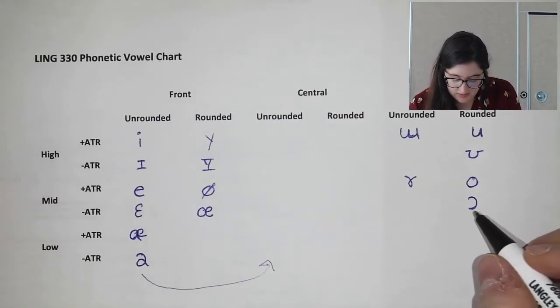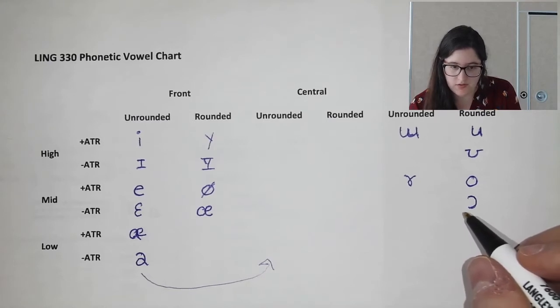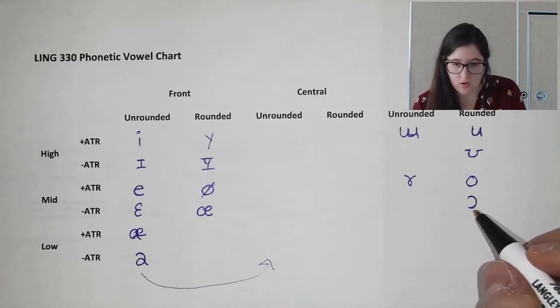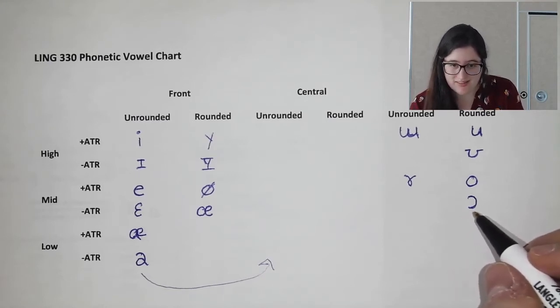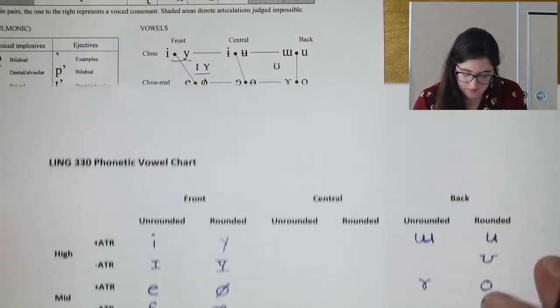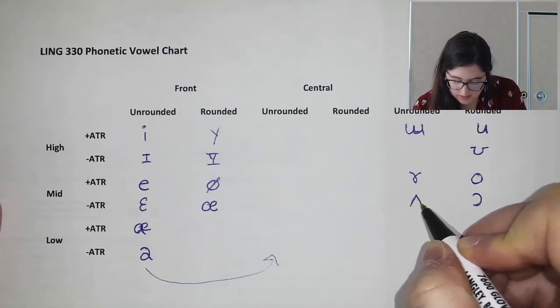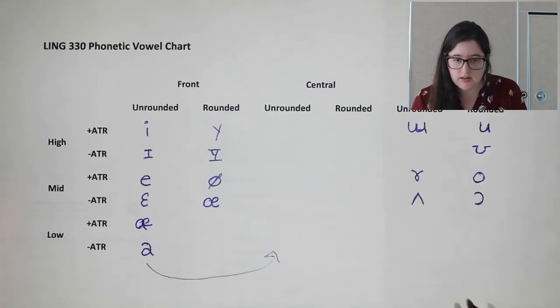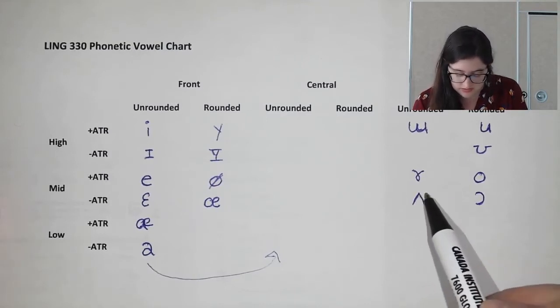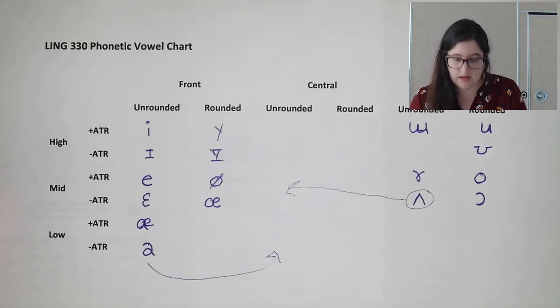And there is an unrounded version of this vowel. So if you go ah, ah, that is the caret. Sometimes you will see this symbol represented as a central vowel as well.